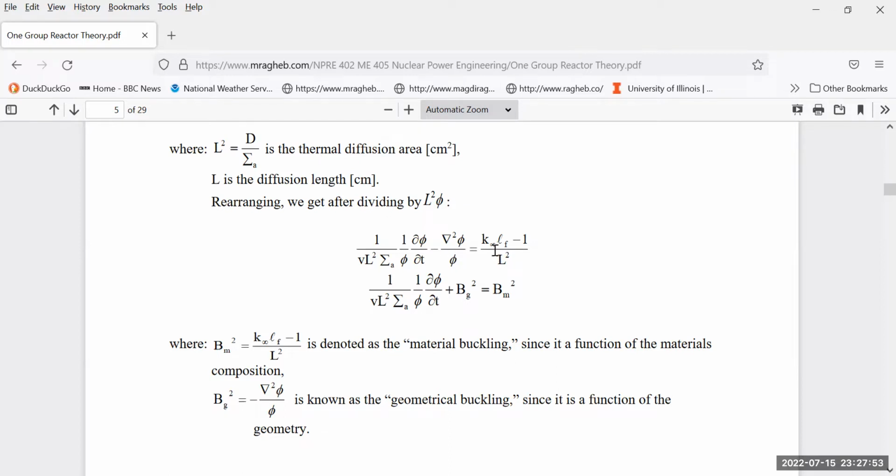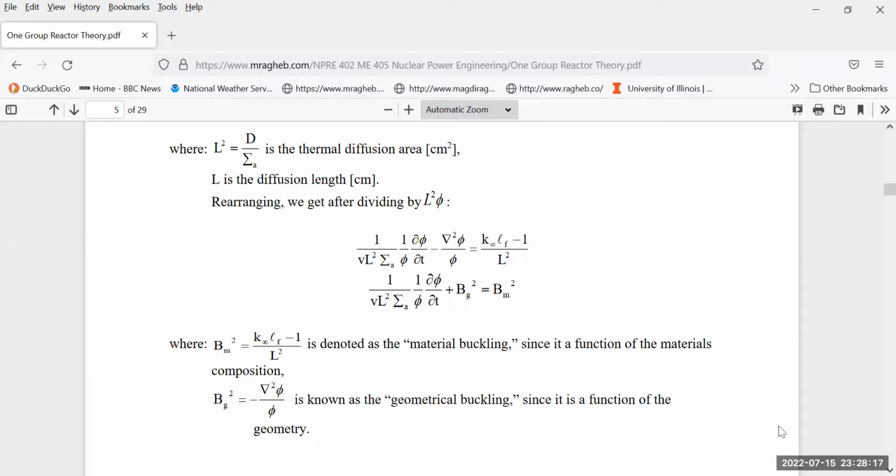And K infinity itself also is a function of the material composition. So we take that term and designate it as a buckling also, but only in terms of the materials, and we give it the symbol B sub M squared. So we call that term the material buckling, and we call that term the geometric buckling.